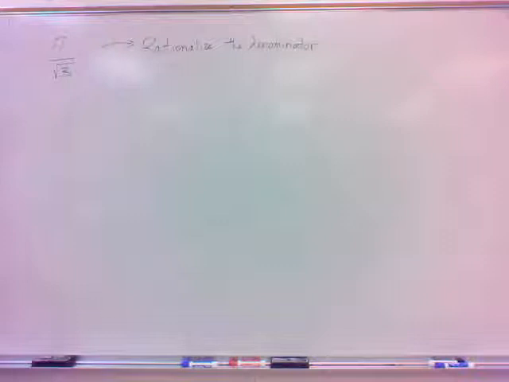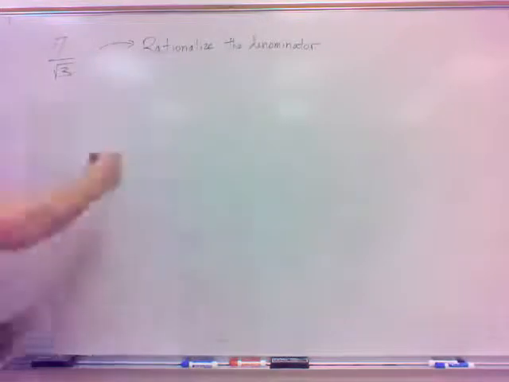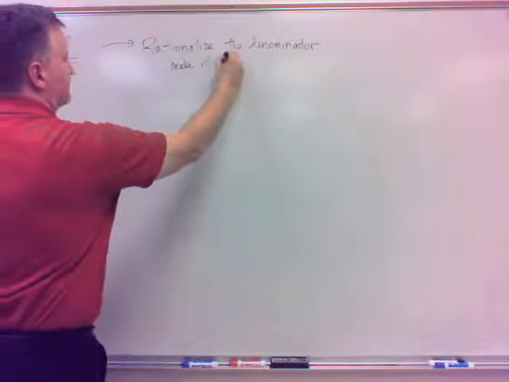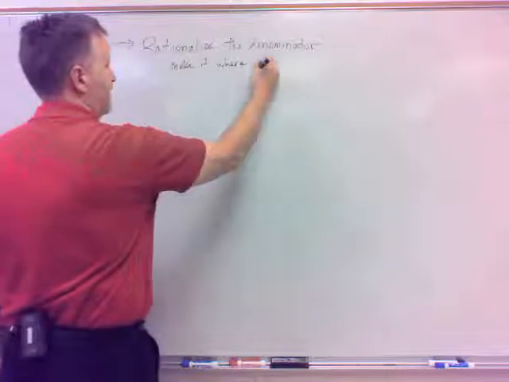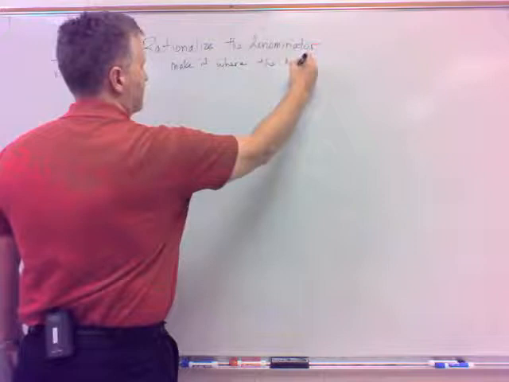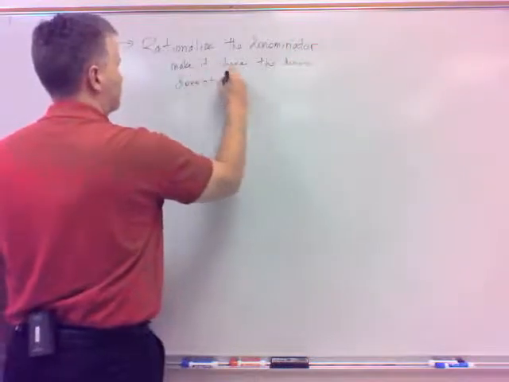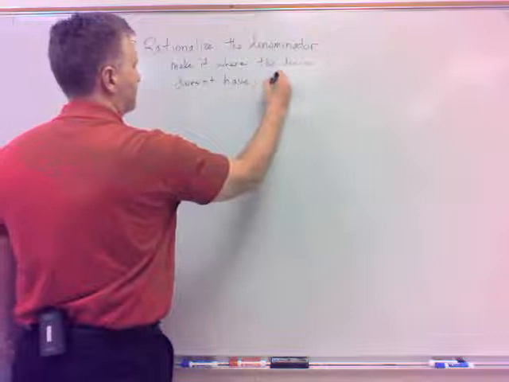Here's what that means. As you can see, my denominator, the bottom part I'm talking about, has a square root in it. Rationalizing the denominator means making it where the denominator doesn't have a square root in it.